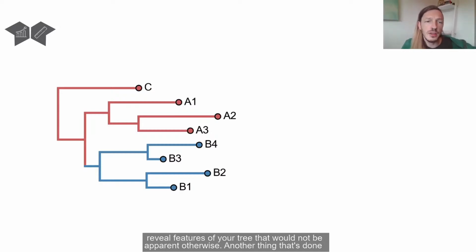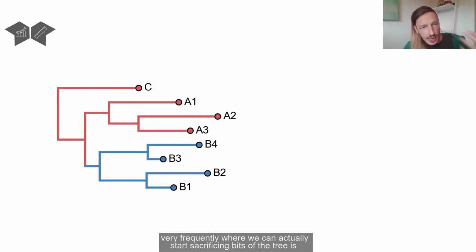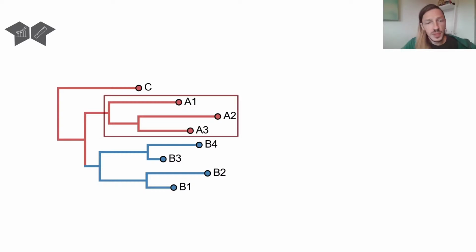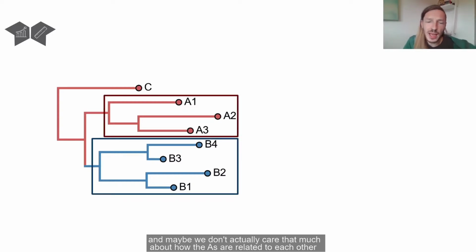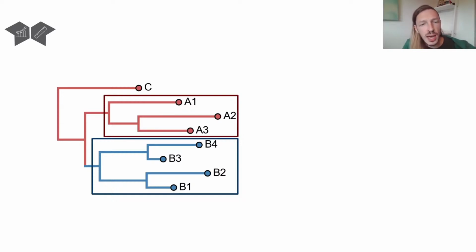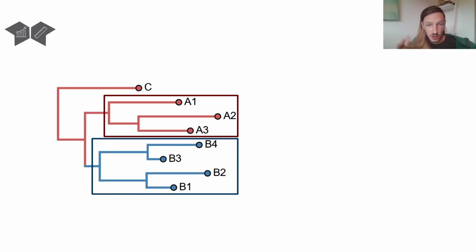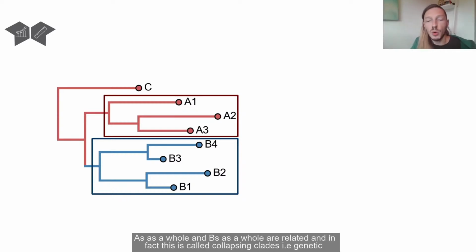Another thing that's done very frequently where we can actually start sacrificing bits of the tree is, let's say we have a scenario where we have two groups in our tree, the A's and the B's, and maybe we don't actually care that much about how the A's are related to each other, or how the B's are related to each other, but maybe we want to highlight the fact that A's as a whole and B's as a whole are related.